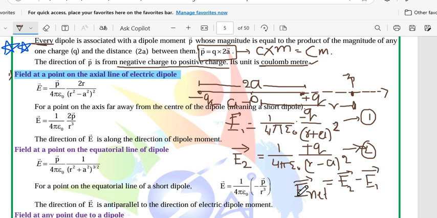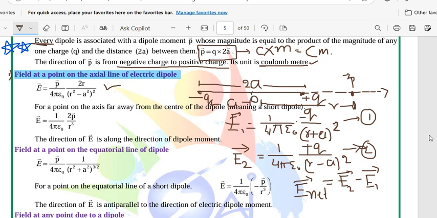By substituting all the values, we will get E is equal to p divided by 4 pi epsilon naught into 2r divided by (r square minus a square) whole square.